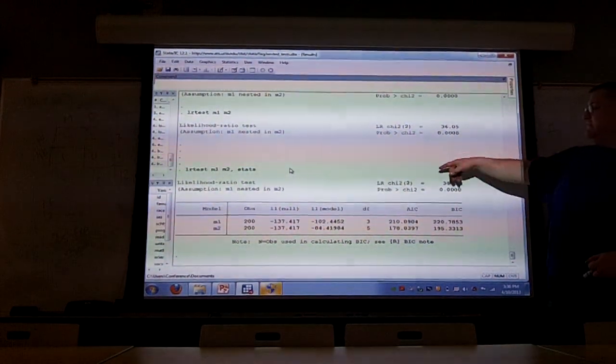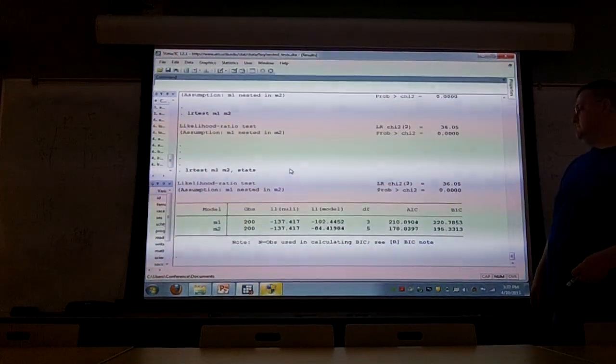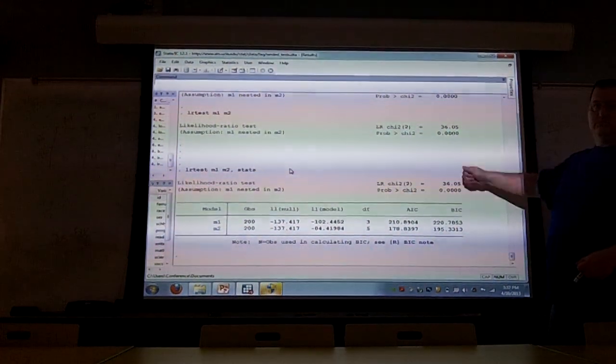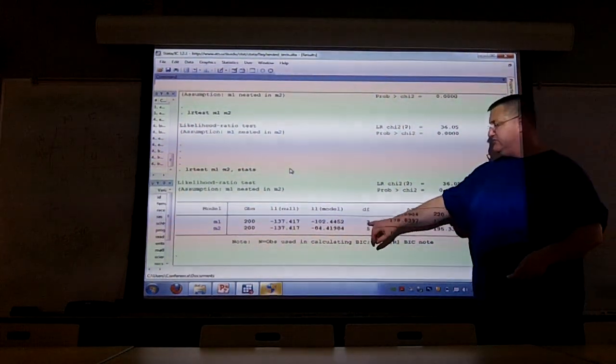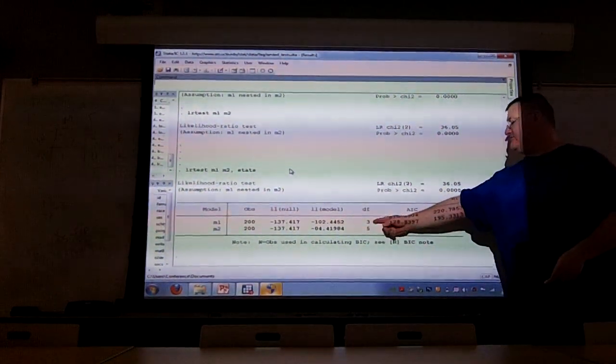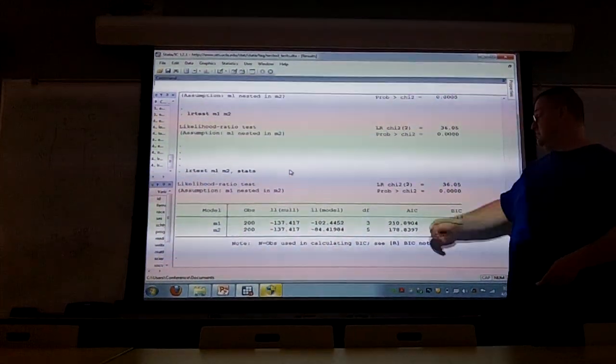So if I take the difference between the models here, the first model had 3 degrees of freedom, the second model had 5 degrees of freedom. 5 minus 3 gives me 2. That's where the 2 degrees of freedom came from.